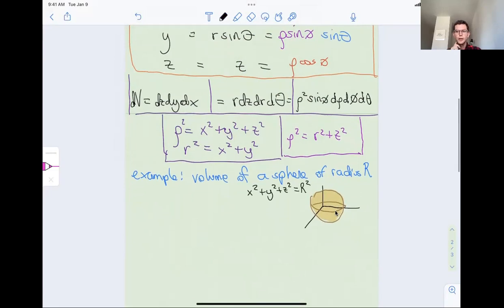So here, we're going to integrate the volume, right? So the volume is going to be the integral of dV.